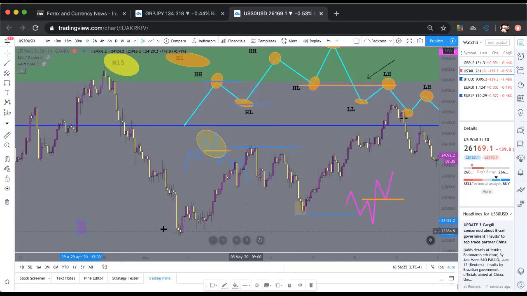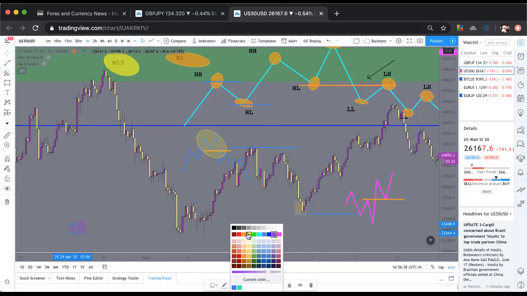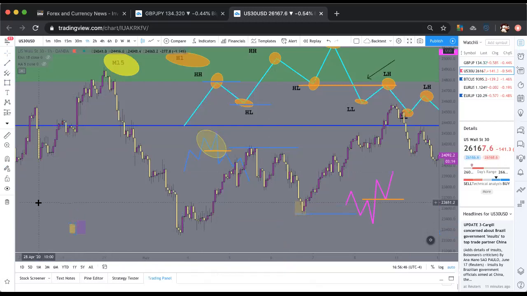Okay. So if this was the candle, this would be an example of a bullish engulfing.